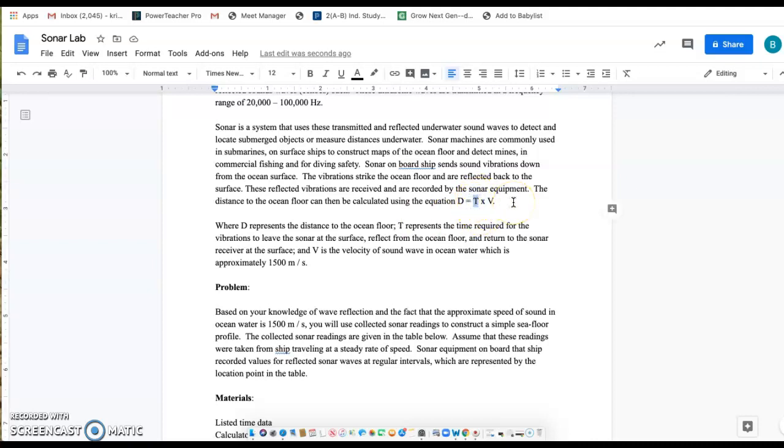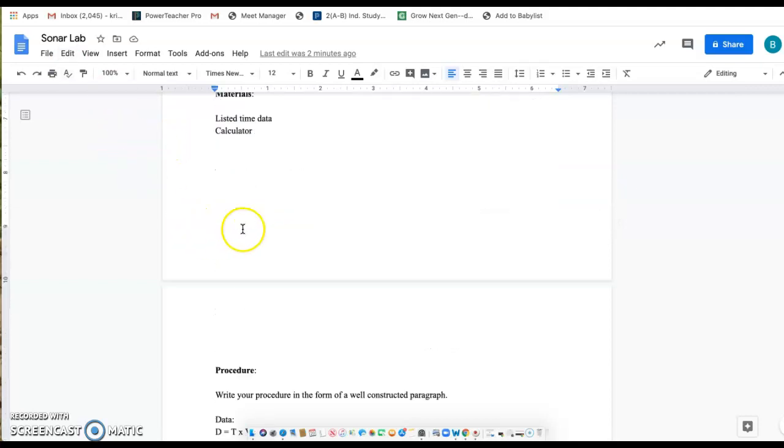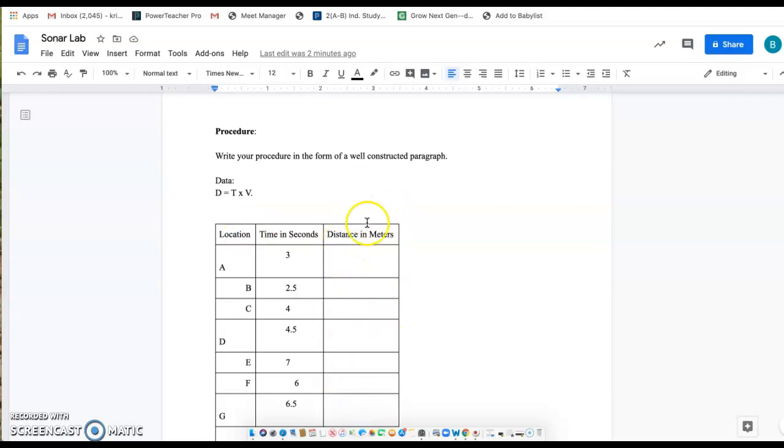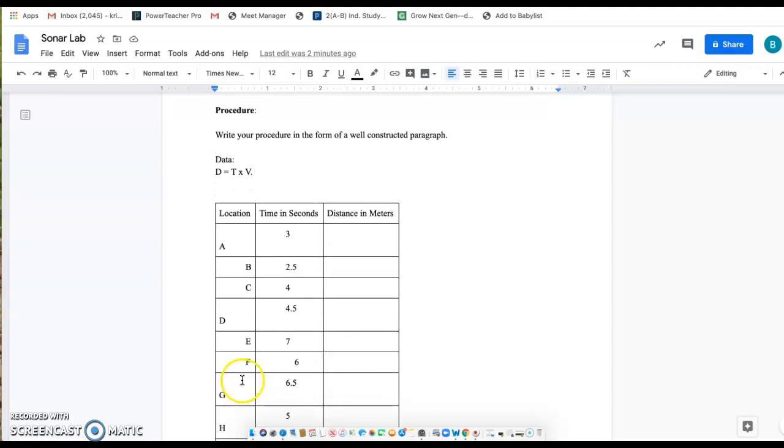And then velocity, which I know you've talked about in physical science, is how fast it's covering that distance. You're going to use your calculator to fill in this distance based on your information on the side here.